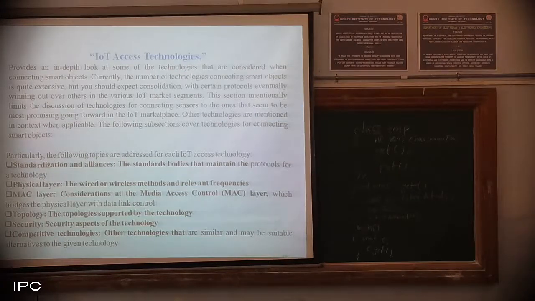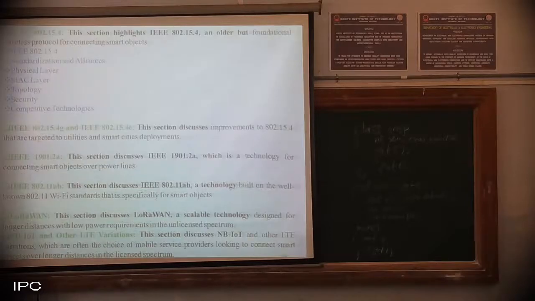That is the standardization and alliance, then the physical layer of that wireless or wired technology, then the MAC layer, which topology is being used, and then security and competitiveness of the technologies. These are to be discussed.